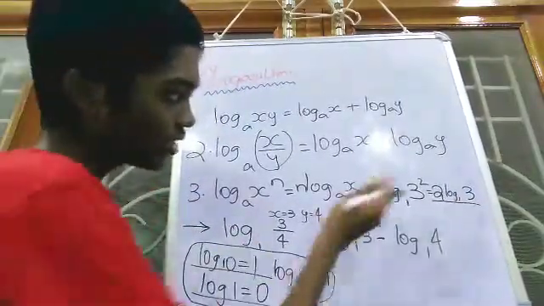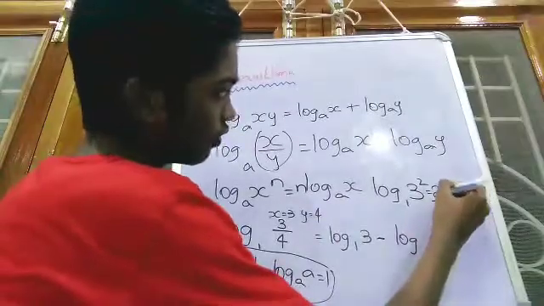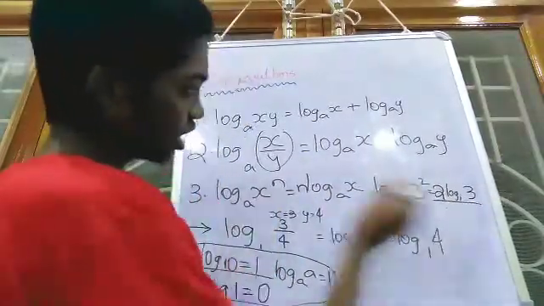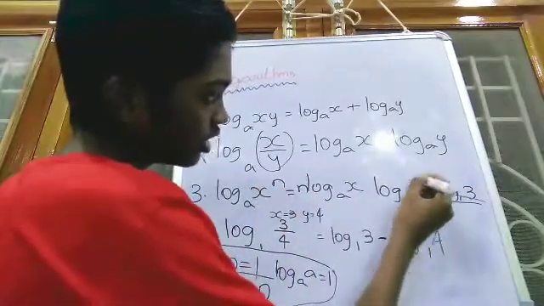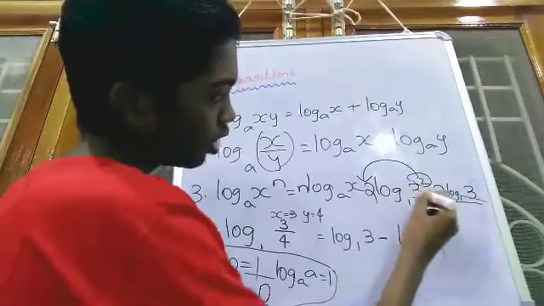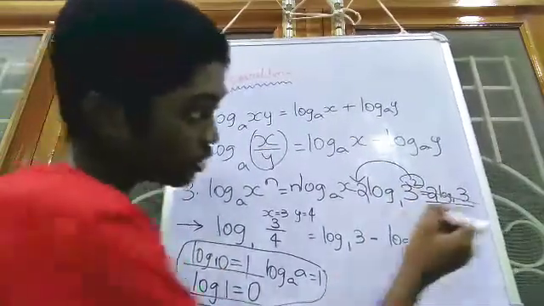I said before already, instead of remembering this identity and checking it, you just have to move this power to the front, then it will become 2 log 3 to the base a.